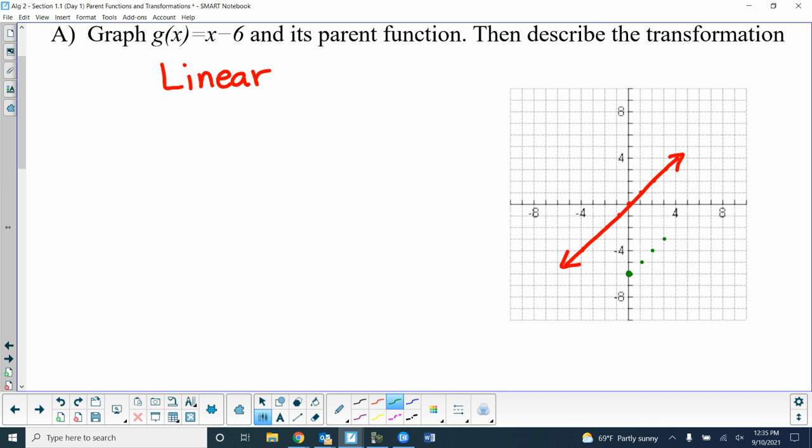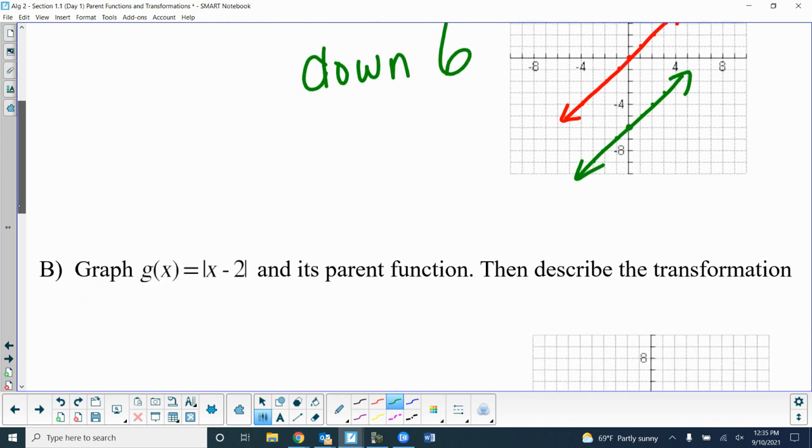There's our line, which has moved down 6. That's our translation. That's a type of transformation, right, Angela? Okay?